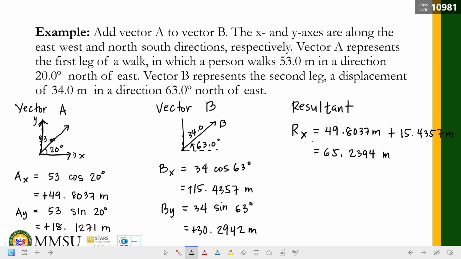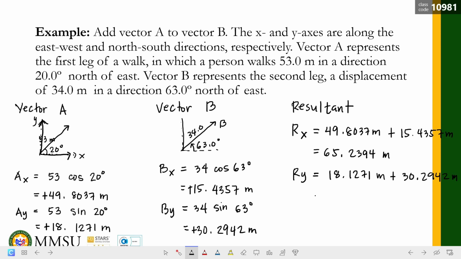This is the x component of the resultant. We also do the same for the y component of the resultant, R sub y. We add all the y components. So we have 18.1271 meters plus 30.2942 meters.